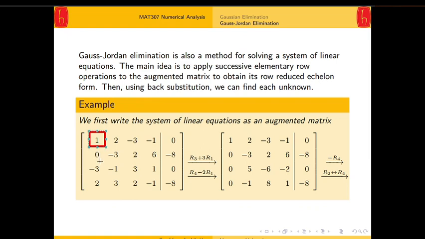And also here we have 0, which is also nice because we are trying to make this entry 0, so it is already 0, so we don't have to worry about the second row at this point. And here we have -3, so that means we have to add 3 times the first row to the third row.